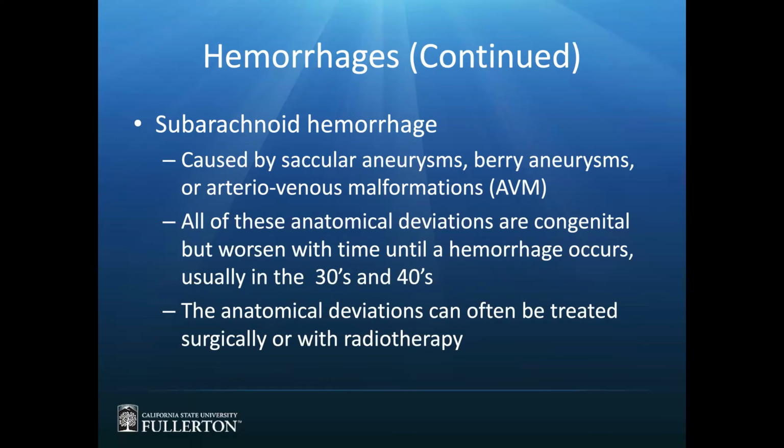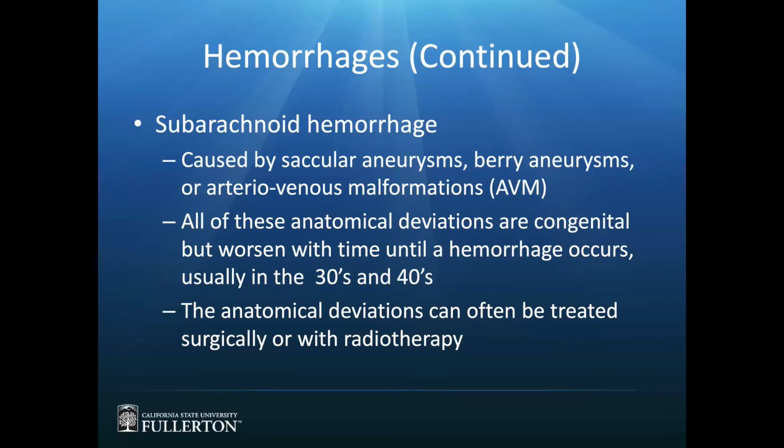And it is caused by problems with the formation of the arteries that are probably present at birth. They are referred to as saccular aneurysms, berry aneurysms, and arteriovenous malformations. You can Google those if you want to look at them, but in the interest of time, I'm not going to go into the detail.